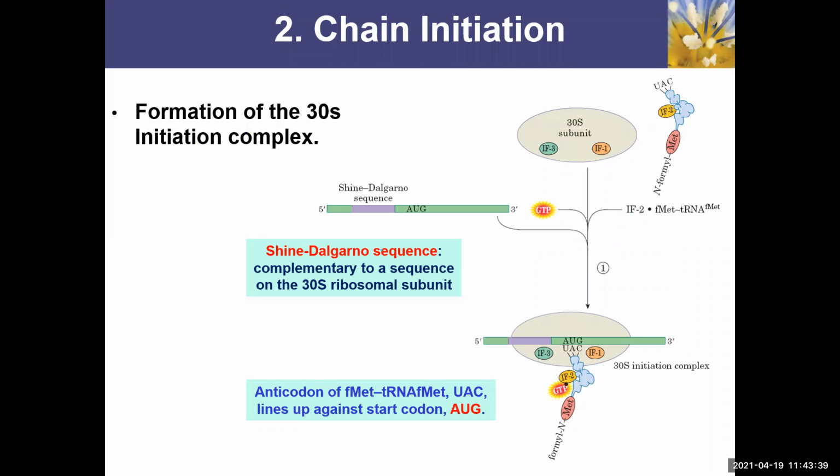The smaller unit is the 30S ribosome, and the bigger unit is the 50S ribosome in the prokaryotes, as already discussed.